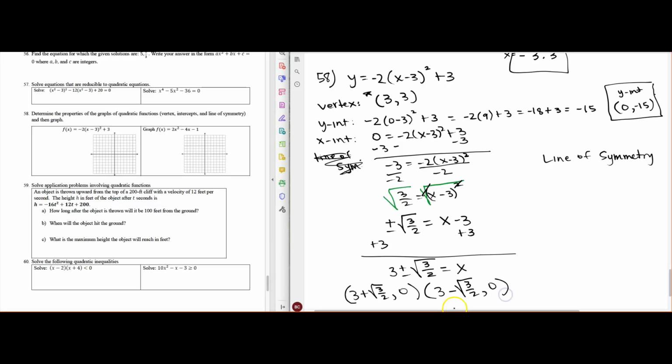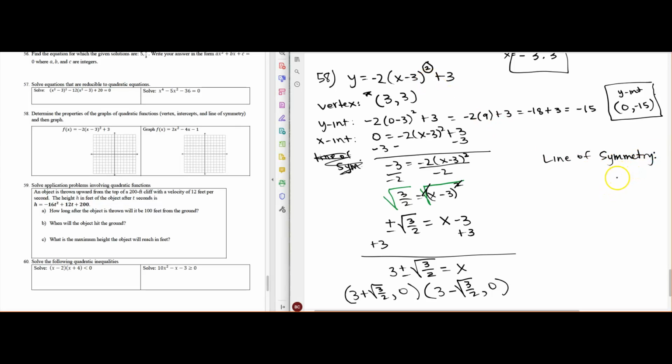Okay, and those are both x-intercepts? Yep, because it's going to be hitting the x-axis in 2 different places. So we have 2 answers there. And we expect to come up with those 2 answers because it's a quadratic, right? Exponent. Yeah.